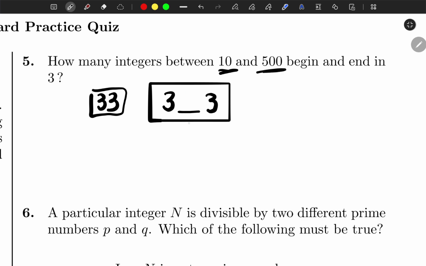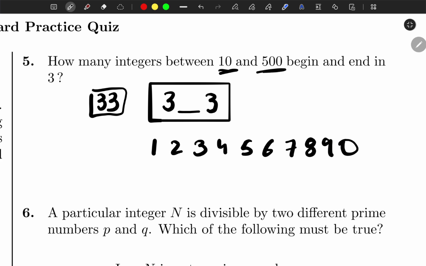So considering that in this middle area you could have 1, 2, 3, 4, 5, 6, 7, 8, or 9. Yeah, those and 0 as well. So you can have any of these numbers in this blank over here.